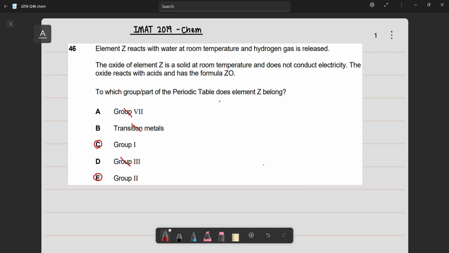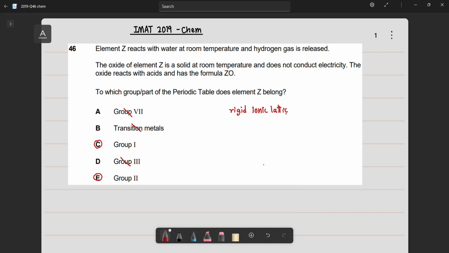Generally group 1 and 2 elements form a solid structure at room temperature and do not conduct electricity. Why is that? Because they form a very rigid ionic lattice structure, a crystal solid structure at room temperature.